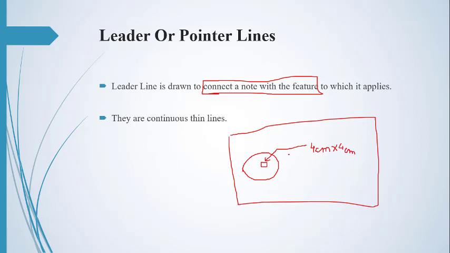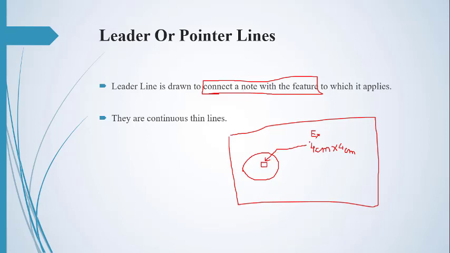Or I can write its name. For example, this is an exhaust, so I will write here exhaust. So this line will be used to connect the note with a feature.